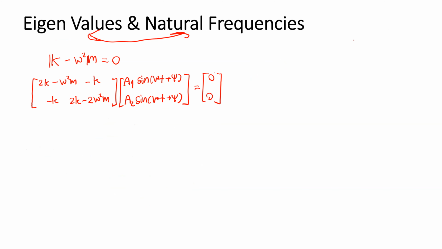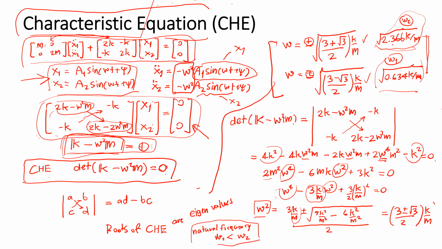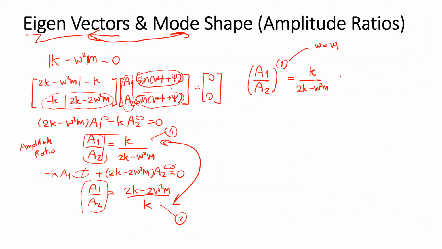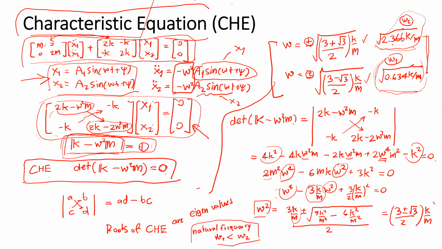The first natural frequency is this one, 0.634 k per m. This is the first mode, when omega equals the first natural frequency.